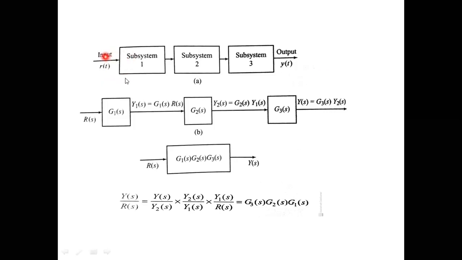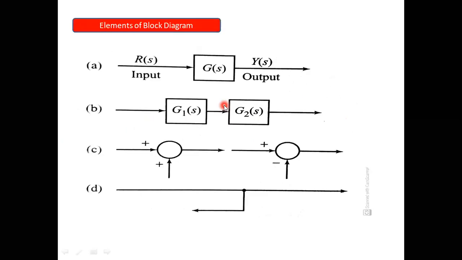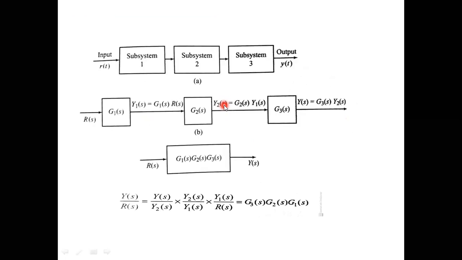This figure is converted into the Laplace domain, and the subsystems are represented by their gains: G1(s), G2(s) and G3(s). If someone asks the value of Y(s), the gains coming prior to Y(s) represent its value: G1 multiplied by G2 multiplied by G3 multiplied by R(s).